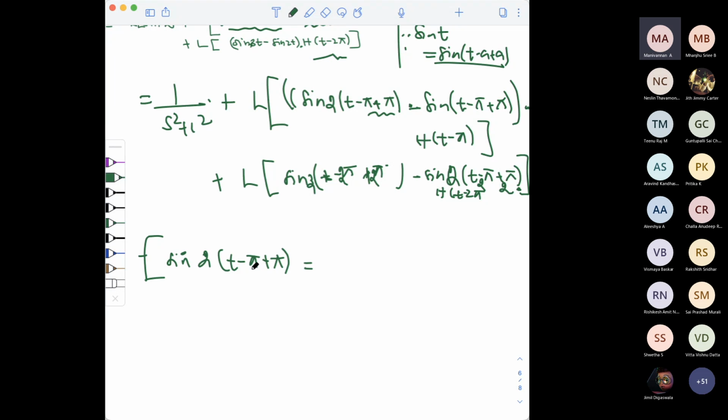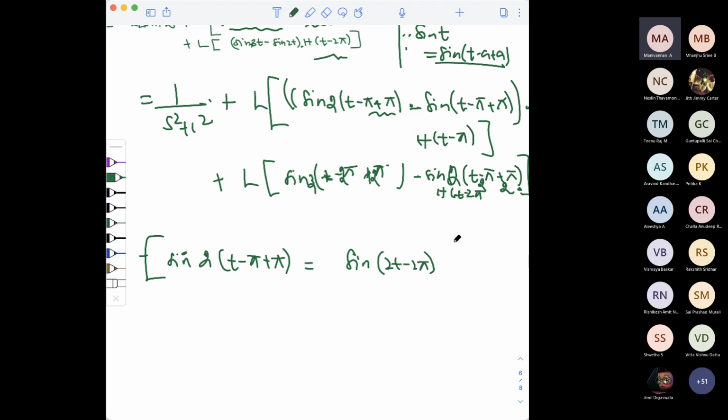if I am taking this portion, sine of 2t minus 2 pi, then plus sine 2 pi, right? No, this is a plus b format, sine of a plus b. A is 2t minus pi, plus 2 pi is b. This is my a and this is my b.